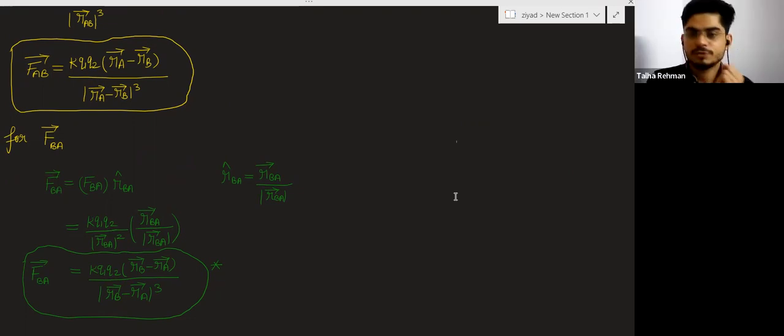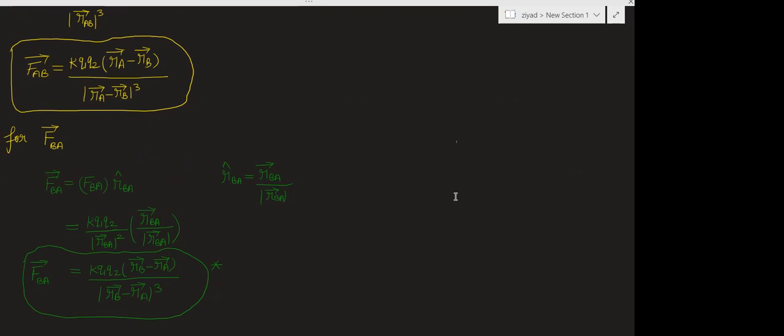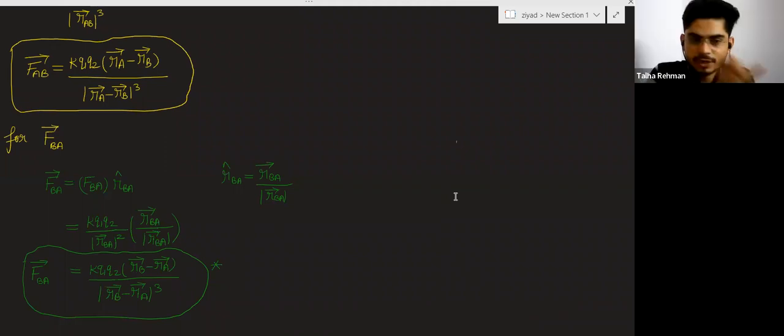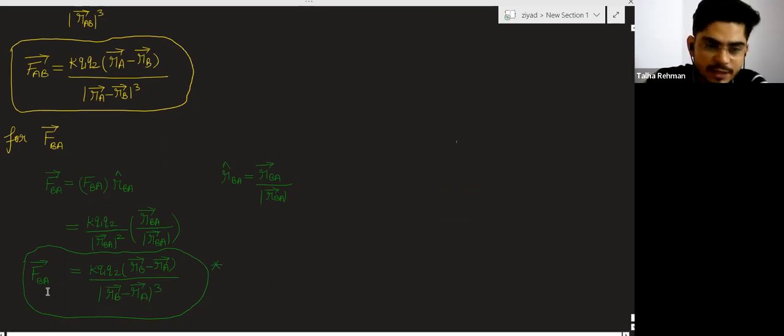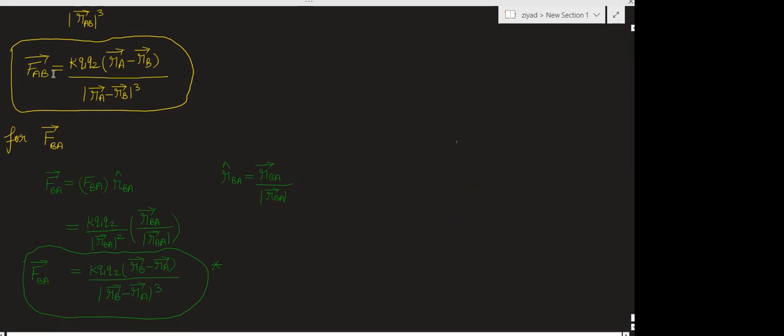We will solve one question on this Coulomb's law in vector form without using this formula. But you can learn this formula: this is F BA, K Q1 Q2 over the cube of the BA vector, this is BA and this is BA, AB here.